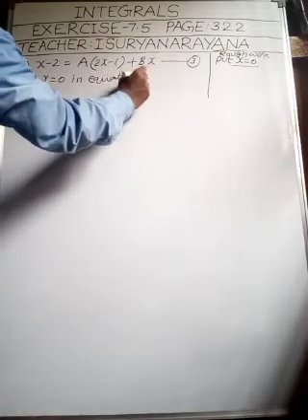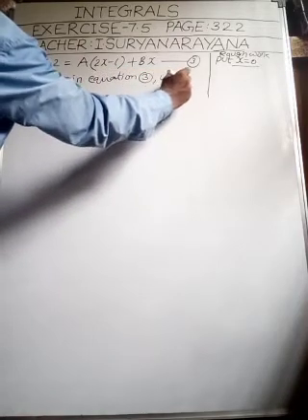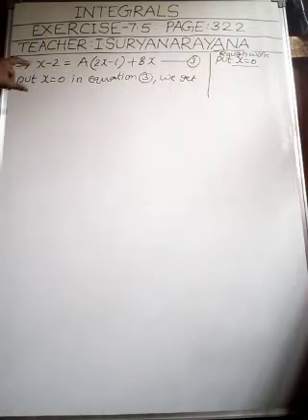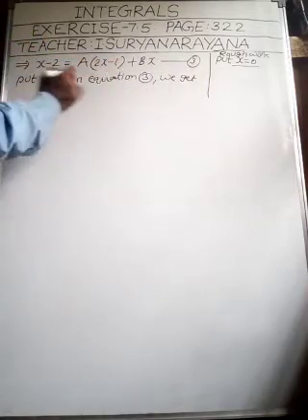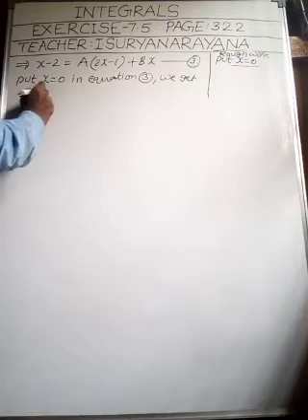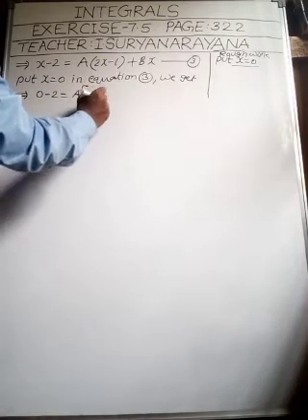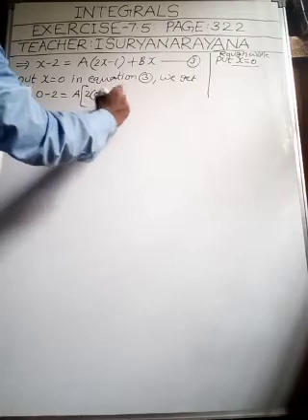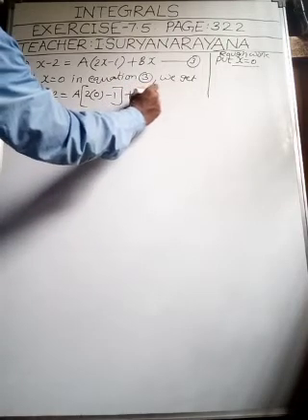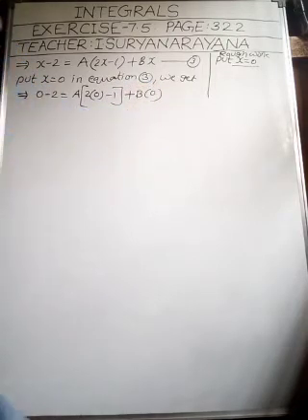Let us substitute x is equal to 0 in equation 3. Then what will you get? 0 minus 2 is equal to a into (2 into 0 minus 1) plus b into 0. Understood this step, my children?